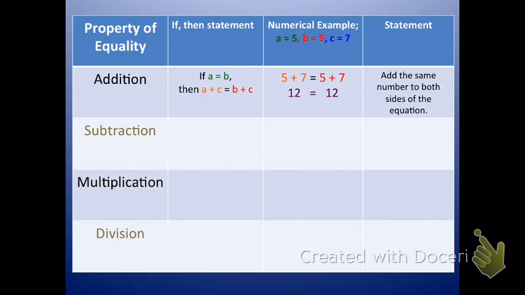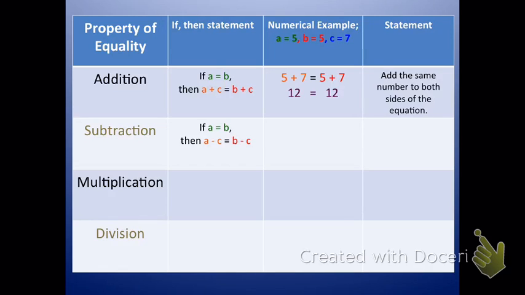The next three are going to be very similar to the addition property of equality, except we're going to use the different operations. So, subtraction property of equality, we'll say if A equals B, then A minus C equals B minus C. And we'll substitute the same numbers under the numerical example.